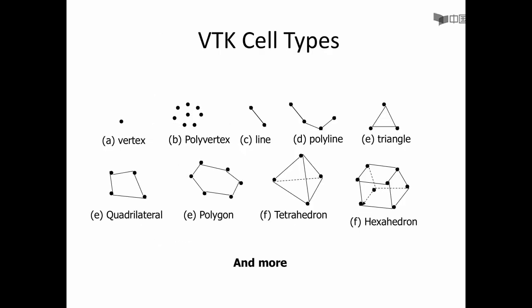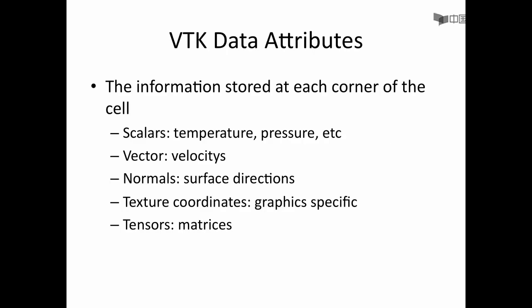These are the different topologies for the Vtk cells, or you can call them Vtk cell types. About the attributes, they are the information stored at each vertex point, or you can say at the corners of the cells. The attributes can be scalars, which is a single value, used to represent, for example, temperature, pressure, etc. The attributes can be velocity, which is a vector.